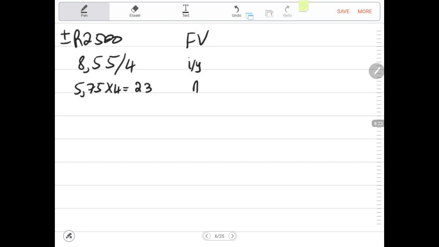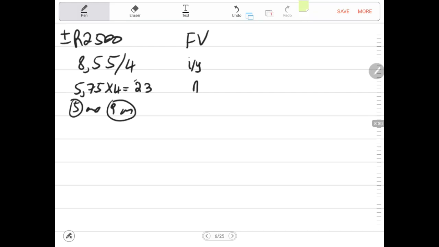That means the interest will be compounded 23 times over the period of 5 years and 9 months, because we have invested this amount which we don't know, but the amount was invested for 5 years and 9 months. So then we ask the question of how many times will the interest be compounded over the period of 5 years and 9 months.